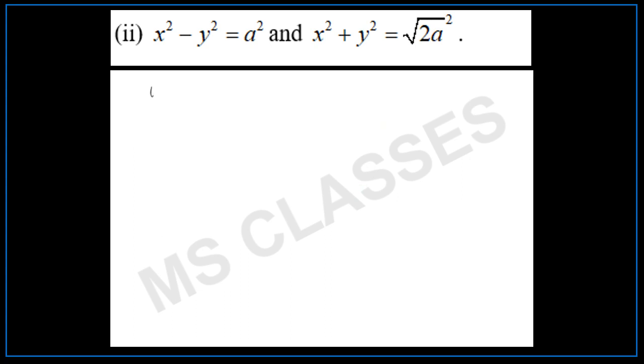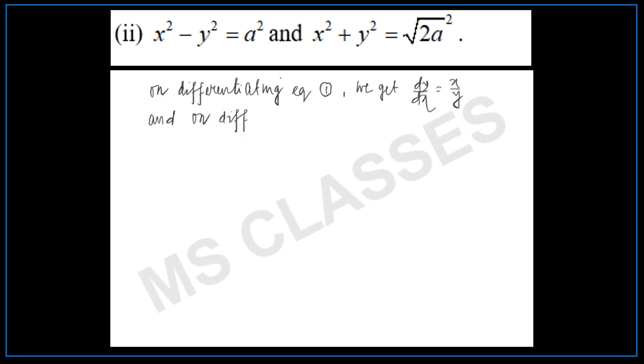So on differentiating equation 1, we get dy by dx as x by y, and on differentiating equation 2, we get dy by dx as minus x by y. Almost the same result, just the variation in the sign, nothing else.